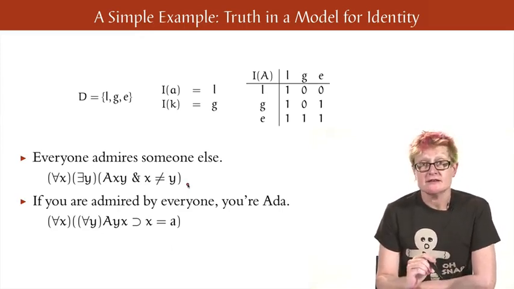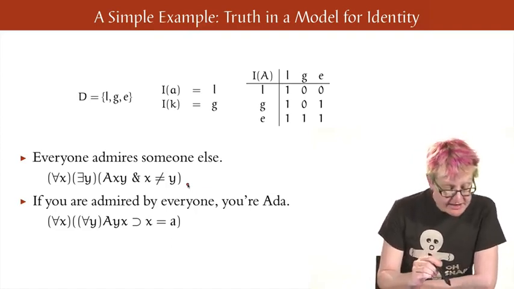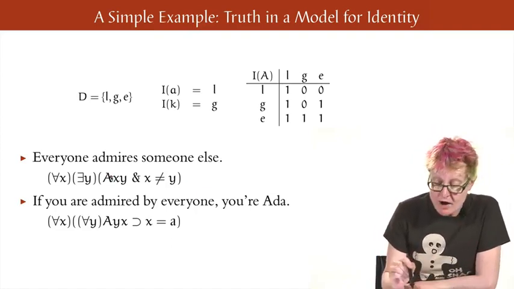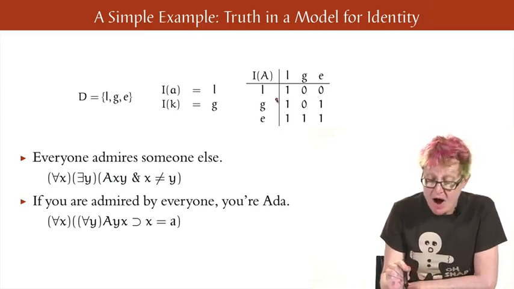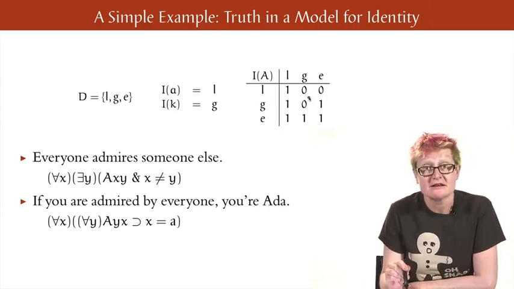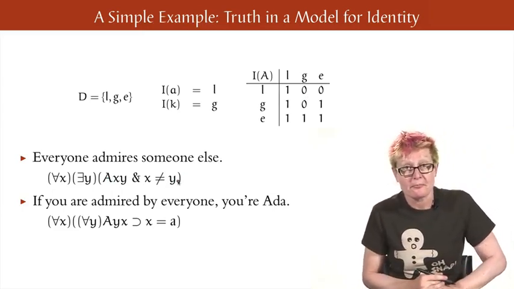But the first instance for Ada Lovelace is in fact false. There does not exist anyone different from Ada Lovelace who is admired by Ada Lovelace. So the formula comes out false in this model.